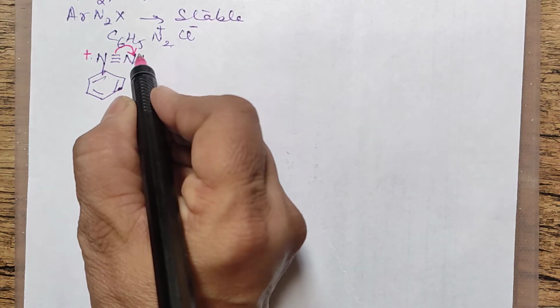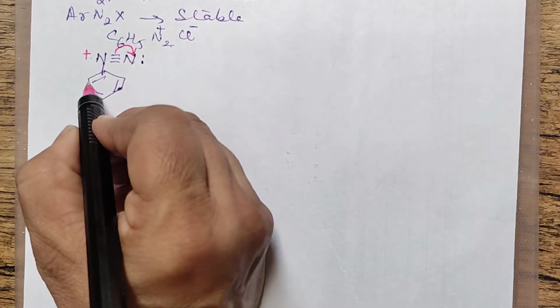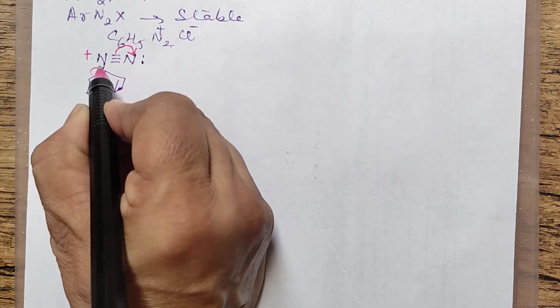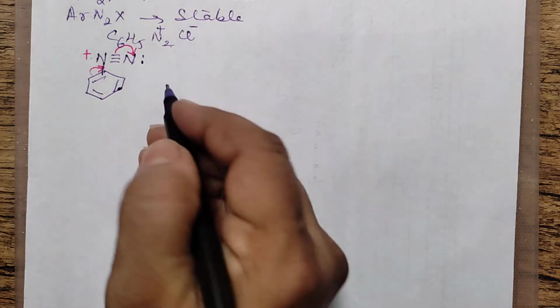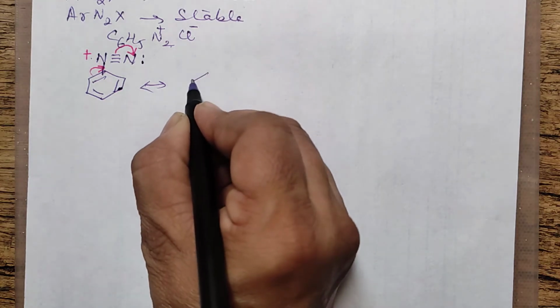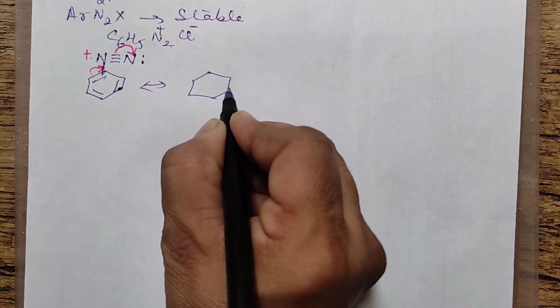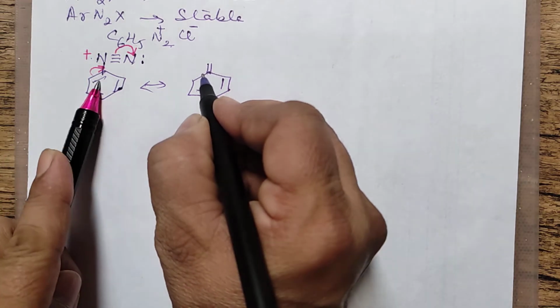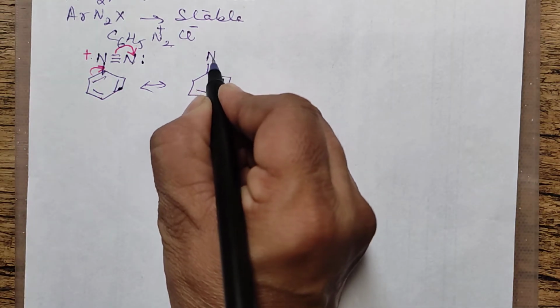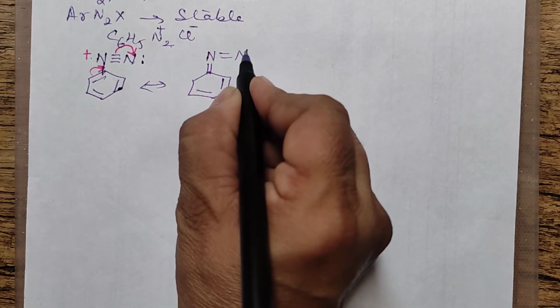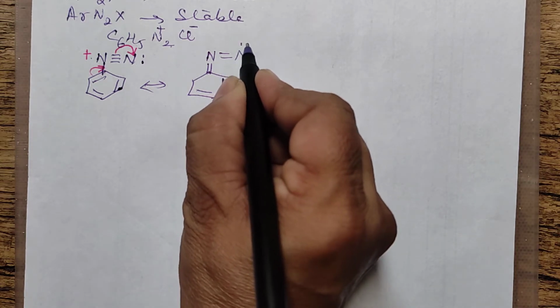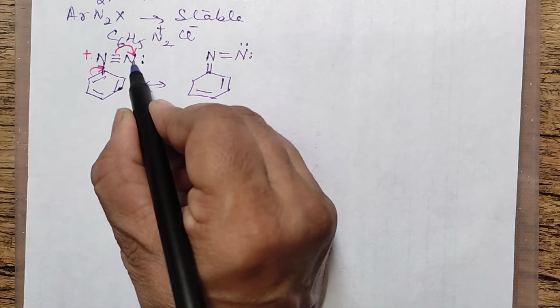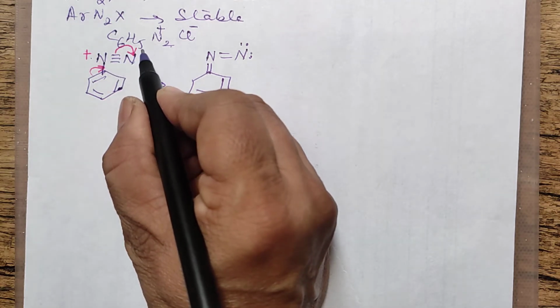So when this goes here, this pi bond will shift further, and further you can draw the structure. So what changes have we made here? Let us represent it in the next structure. These two bonds remain the same. This is now a double bond because this has shifted here. This is the double bond N. And on this nitrogen now you have two lone pairs, because one was already there and one more has come.